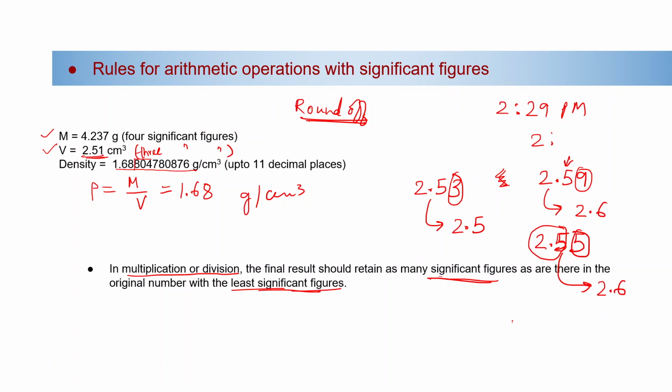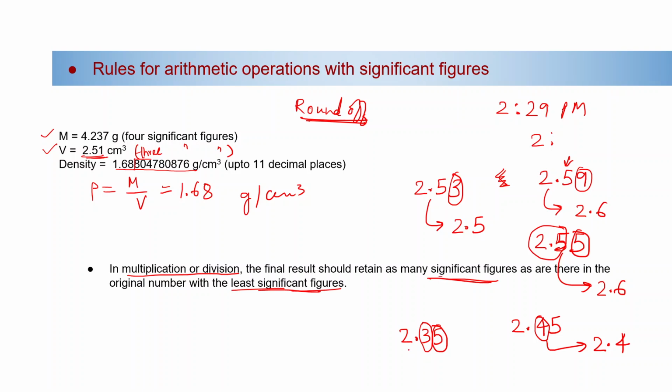But if it is 2.45, then since it is an even number, according to the rule, it will remain 2.4. Same way, if it is 2.35 and I have to round it off, then since the last digit is 5, I'll see if the previous one is odd or even.